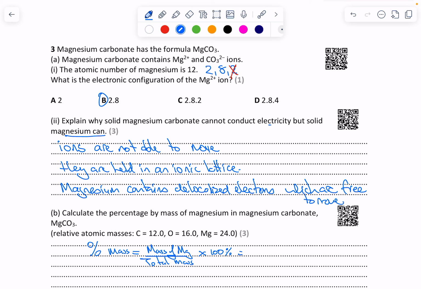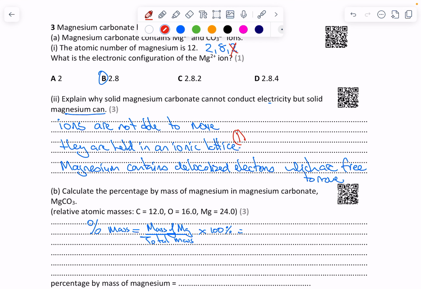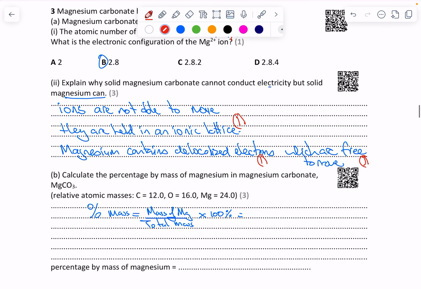Marks wise, I'm just checking up in the mark scheme, you're going to get 1 mark for these 2 bits, then 1 mark for saying they contain delocalized electrons and 1 mark for saying which are free to move.